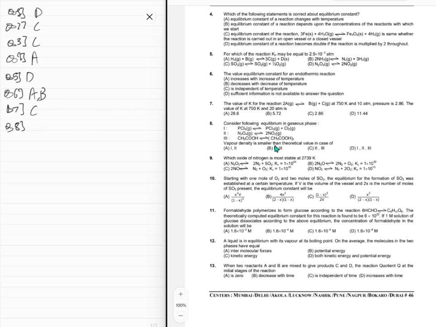I think it's the ones which are decomposing. PCl5 gives PCl3 plus Cl2. The number of moles increases, of course, so its density will decrease.